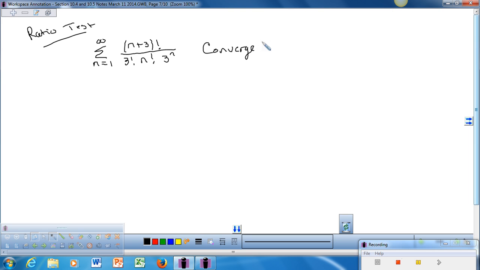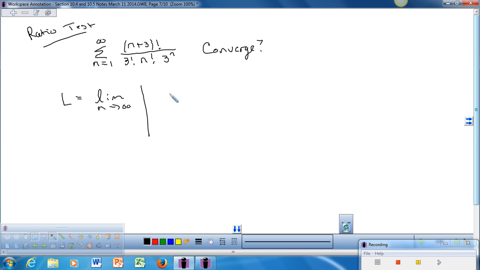I see those factorials, and that reminds me that the ratio test is a useful one for that. So we set up our limit, L equals the limit as n goes to infinity of the absolute value of the n plus 1th term. That means I replace every n with n plus 1.